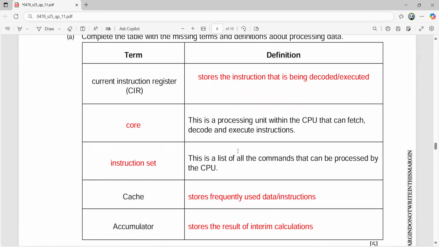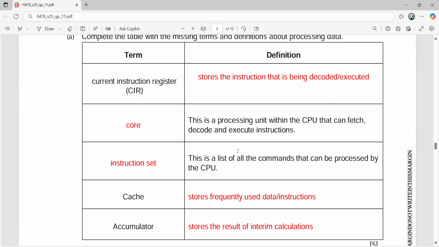Now, the next term is to be written for the definition. As you can see, this is a processing unit within the CPU that can fetch, decode, and execute instructions, and that is a core. The third one is the list of all the commands that can be processed by the CPU. That is an instruction set. That is what we have already learned.